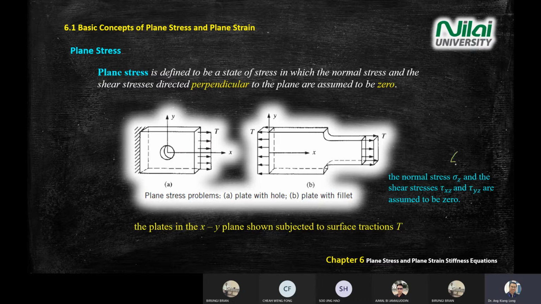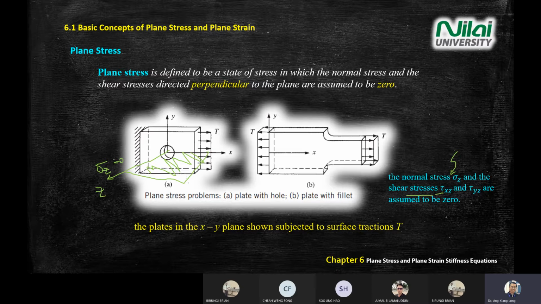So all these you should be familiar with. Stress, we use this symbol. Shear stress, we use this symbol, and so on. So for example, normal stress, stress in Z direction. Where is Z direction? It is this way, right? This is Z. So all the stress in Z direction, we do not consider. We assume 0. Shear stress in XZ, where is XZ? This is the XZ plane.